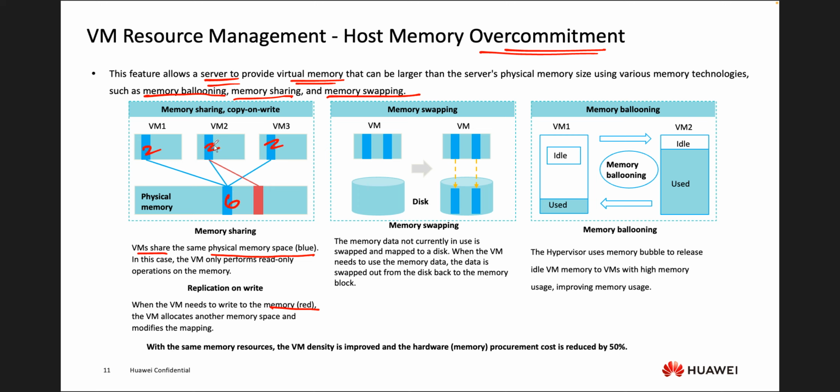And so what you will do is write whatever resources are needed to that block, which is probably the 6 gig of memory that's available. It will move from those resources to another block when you need to replicate on write. So you don't replicate on the same memory that's being shared, you replicate on another address space. So this is memory sharing, copy on write.